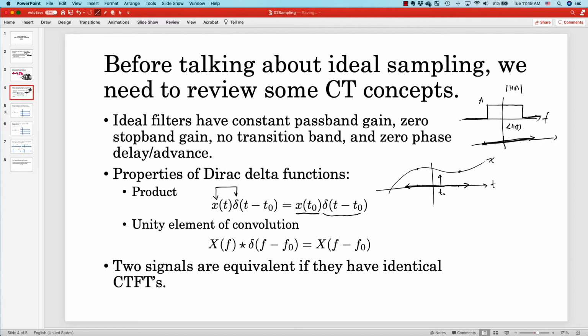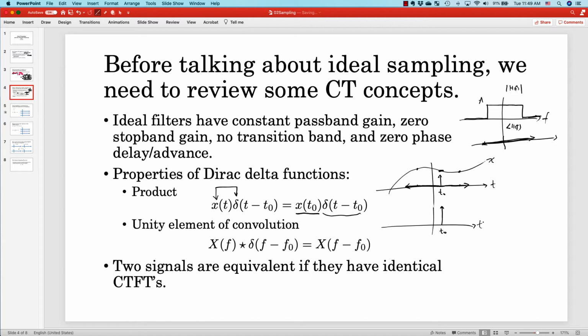When I multiply this by that, I get 0. And so at the end of the day, what I get is the delta just scaled up to whatever this value was. So when you multiply a delta by a function, you get a delta back. That delta is scaled by the value of the function at the point in time, or the point where the delta fired.